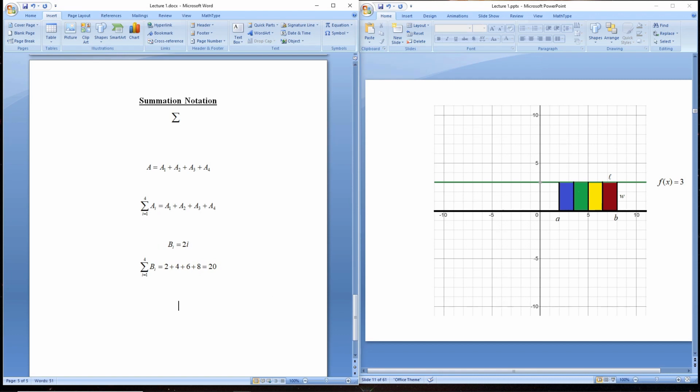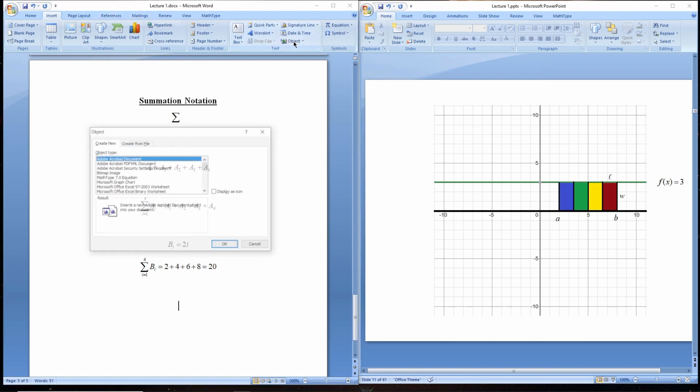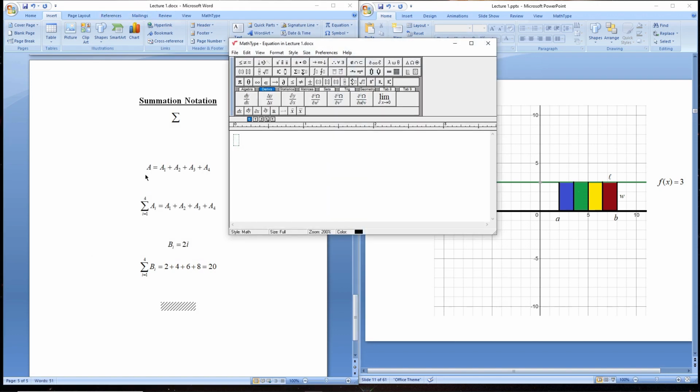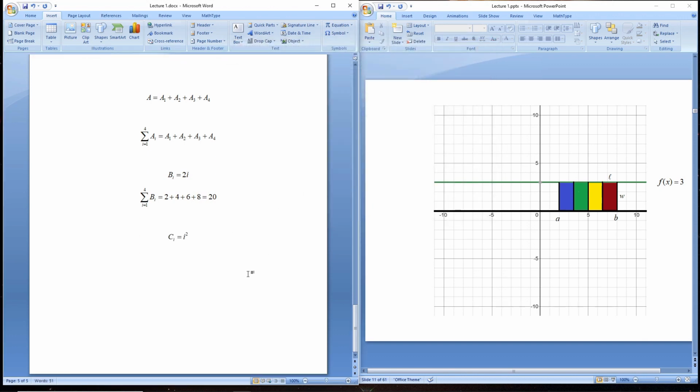We can check out another example. How about if I defined another expression, let's call it C sub i, and let's say this is i squared. Now we have this expression, and we're going to sum it again with 4 terms.